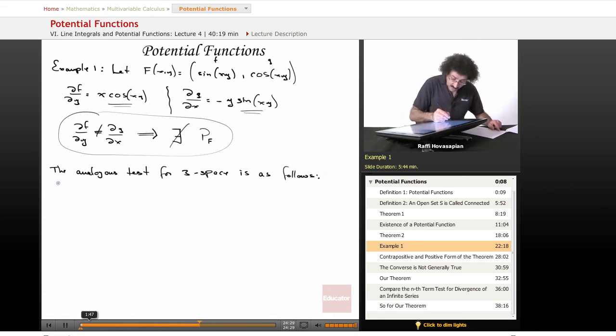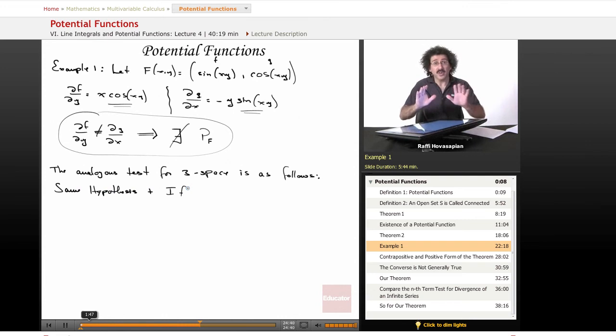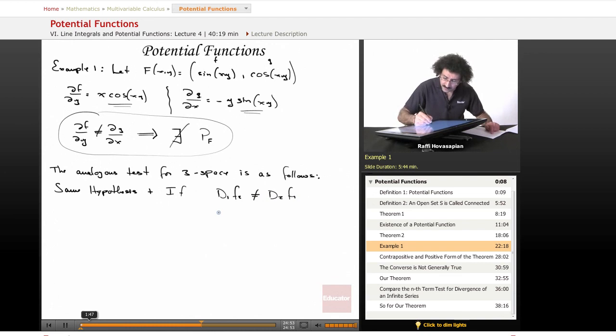Okay, the same hypotheses, of course, and plus the partial derivative part of the test is, I'm going to write this in terms of capital D notation. d1 of f2 does not equal d2 f1. d1 f3 does not equal d3 f1.